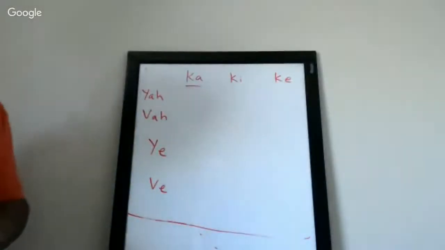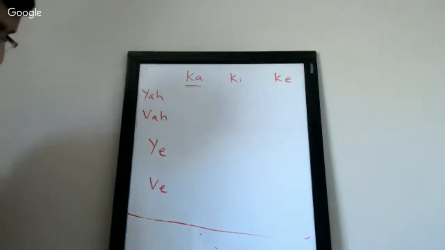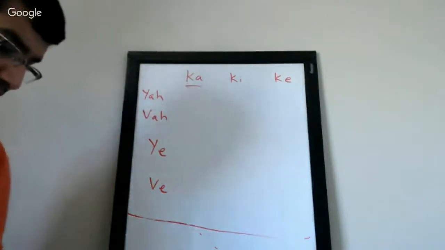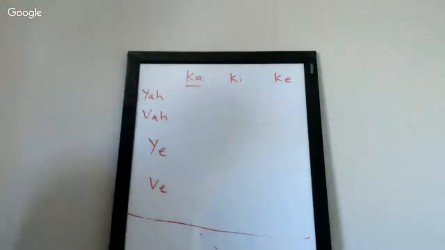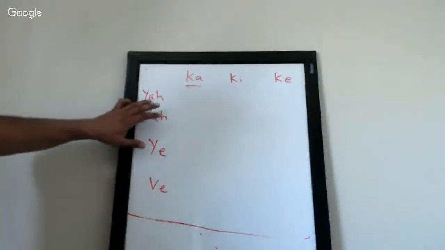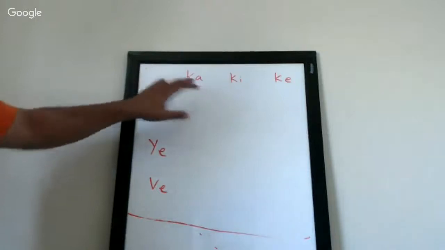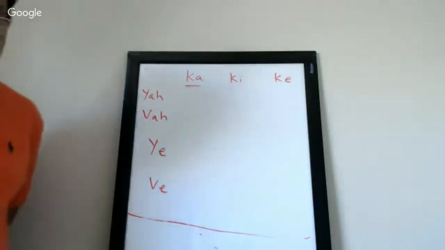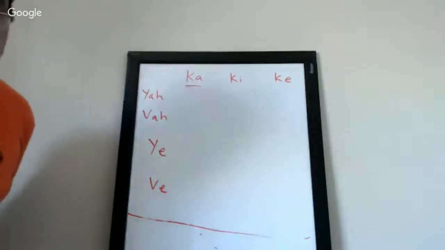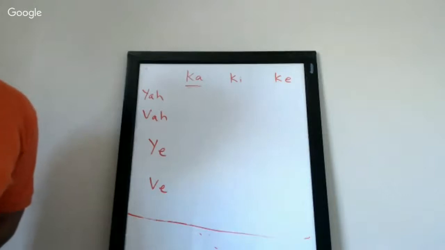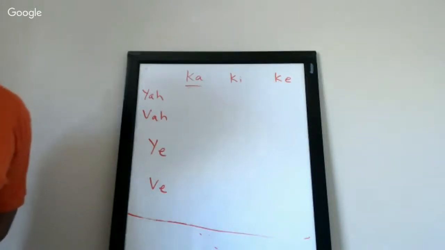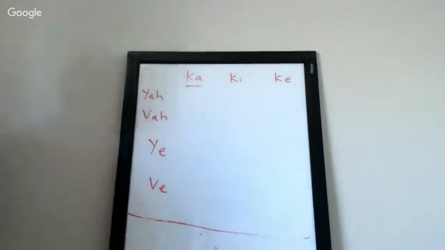So if you are really paying attention to the other pronoun and the postposition we just did, this should be very easy for you. So yeh is this, and with ka it would be, anyone? Very good, right?